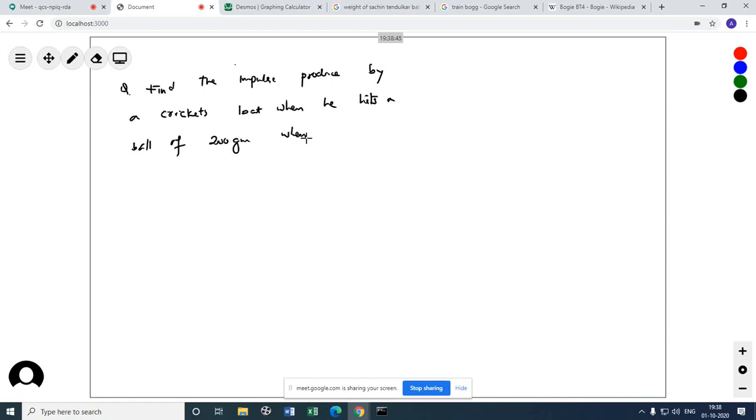When the bowler bowls at the batsman with speed, how much? Give me data for this. So 140 kilometers per hour. Very good.